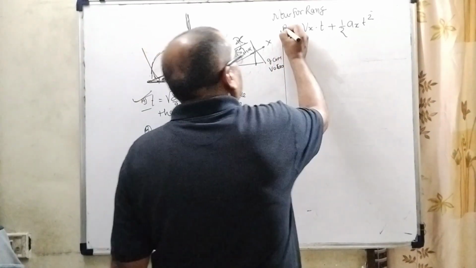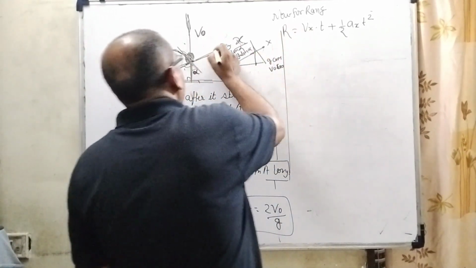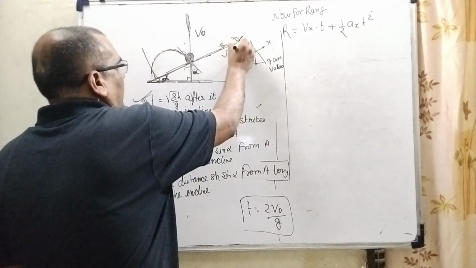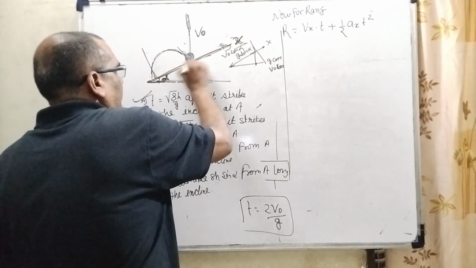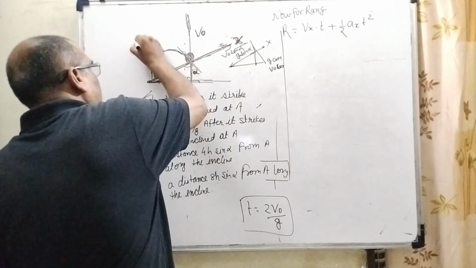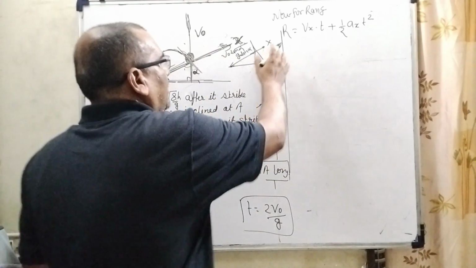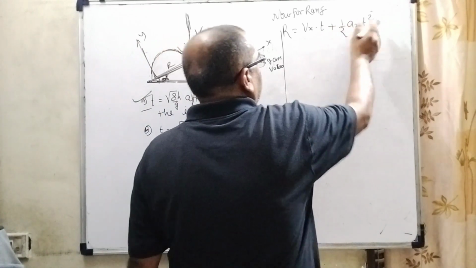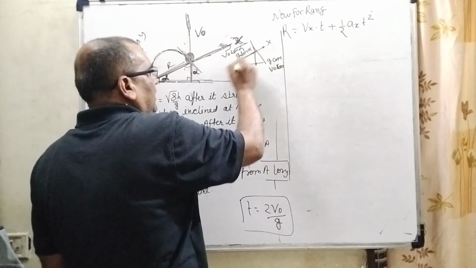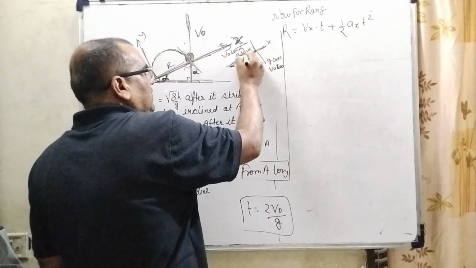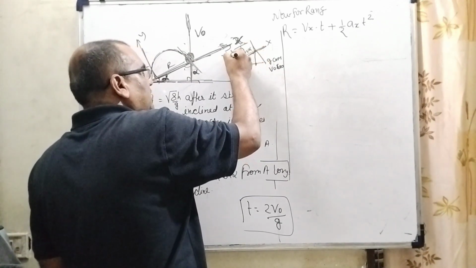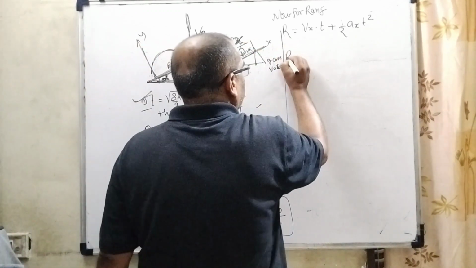Now for finding the range R, here we take the x component. So x we have considered along the inclined plane and this is the y-axis. So here we require only the x-axis. R equal to vx t plus 1 by 2 ax t square. You can see that along the x-axis the acceleration is g sine alpha and velocity is v naught sine alpha. So substitute these values.